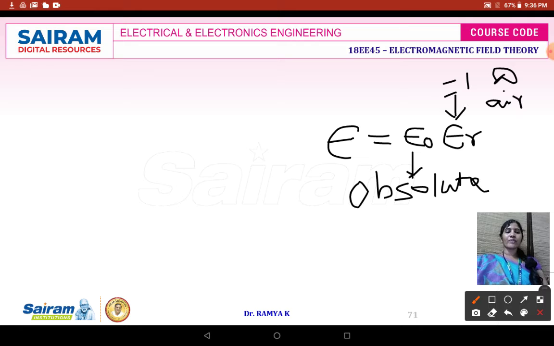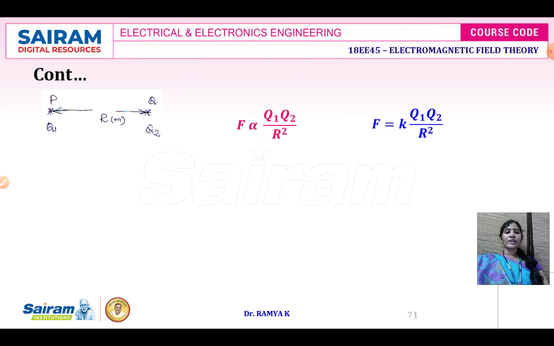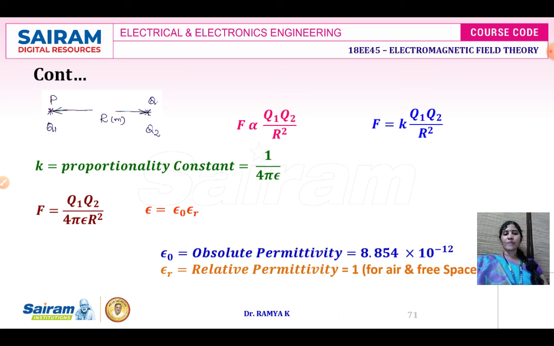Depending upon whether it is air or vacuum, or upon the dielectric material, this epsilon R is going to vary. So I can write F is equal to 1 divided by 4 pi epsilon, where epsilon is epsilon naught into epsilon R, and absolute permittivity is 8.854 into 10 to the power of minus 12. So this is your Coulomb's law of electrostatics.